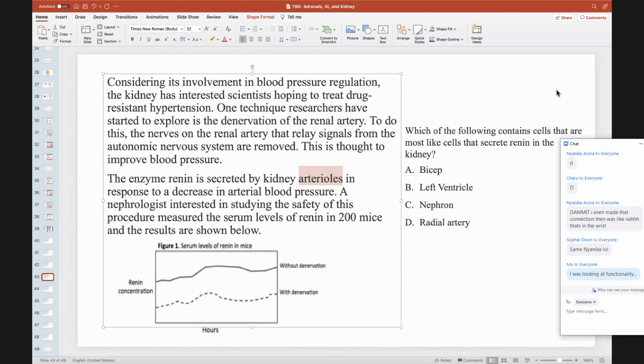If you're looking at location-wise, yeah, a kidney arteriole is similar to a nephron because it is on the posterior side, just underneath your rib cage. And then your radial artery is at your wrist, at the radius in your arm. So even functionality-wise, arterioles are more similar to arteries than they are to nephrons.